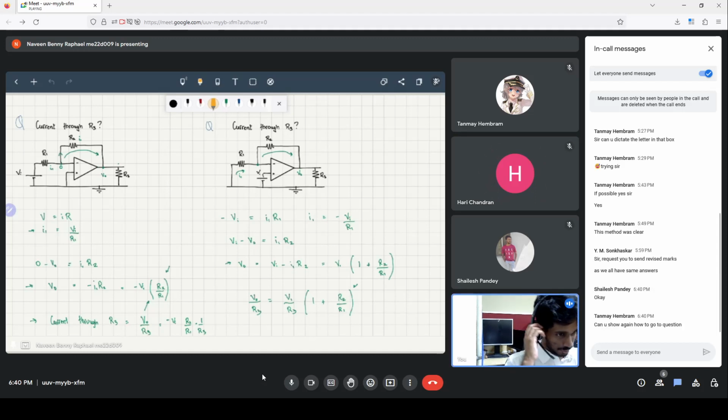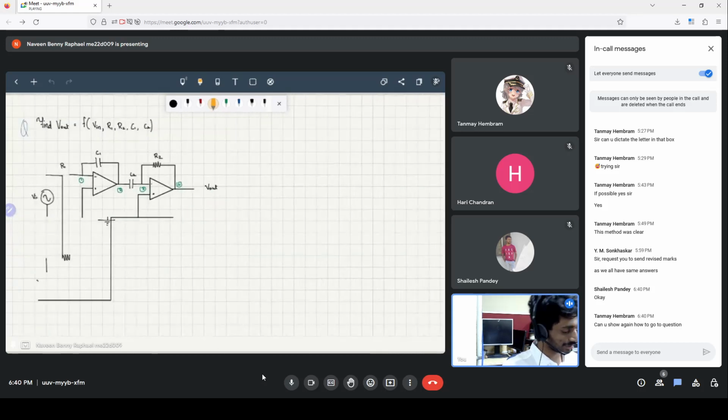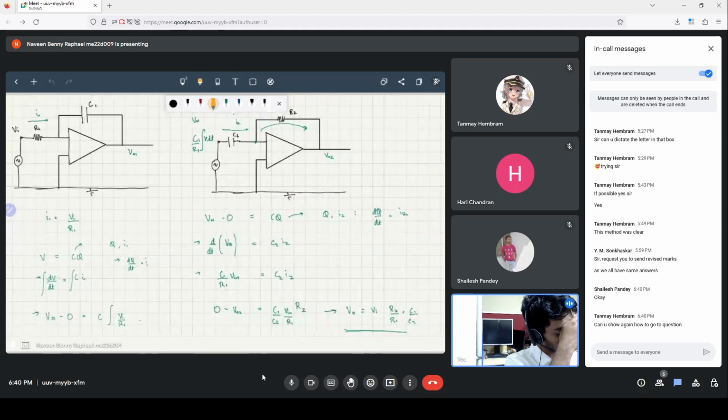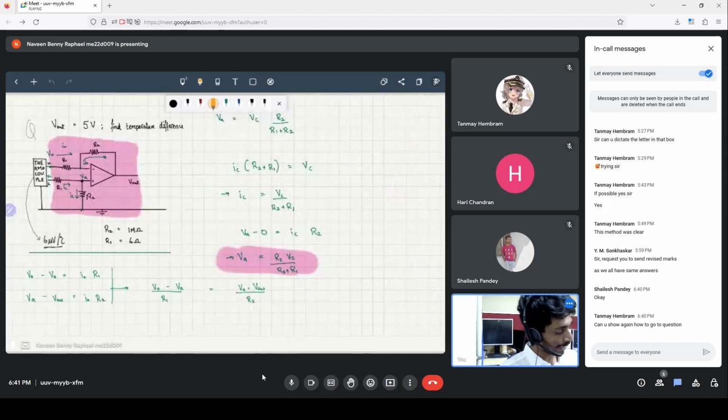Okay, so I just wanted to add that I forgot to mention this earlier in the class. That concludes the inverting amplifier, and then we have the same concept for the non-inverting amplifier. The gain is slightly different, but that's how the maths goes. Then we saw how the integrator and differentiator work, and note that there are plenty of other circuits.